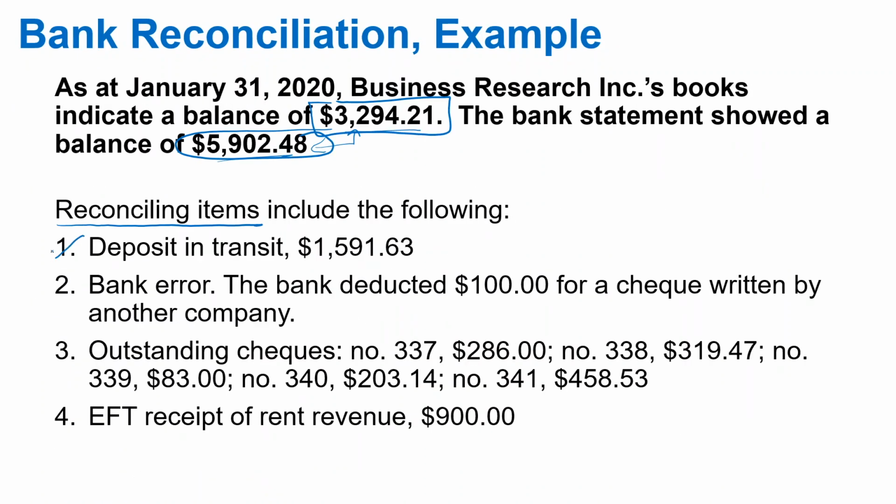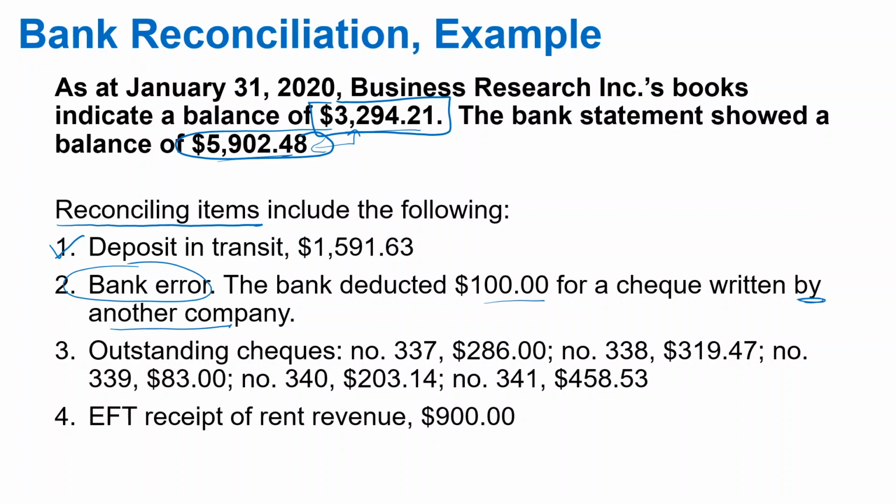So we've done this one. Number 2 is a bank error. So the bank deducted $100 for a check that was actually written by another company. So they took it out of our bank account, but we didn't write the check. So it's not something we're ever going to record on our book side because we're going to notify the bank of this error and they would put that money back into our account.